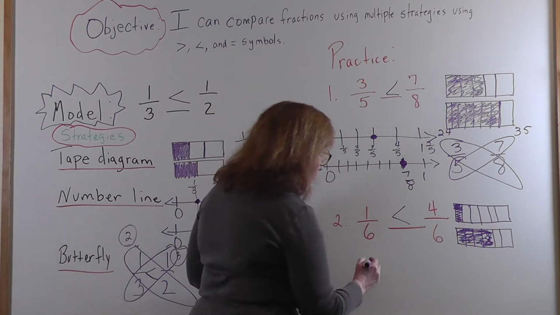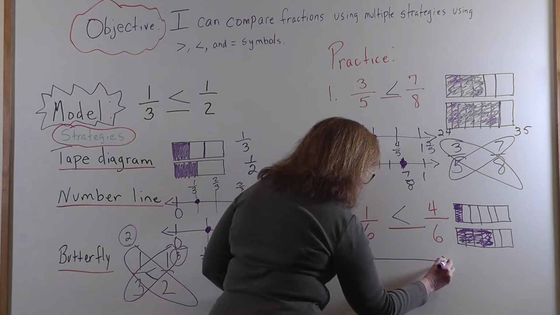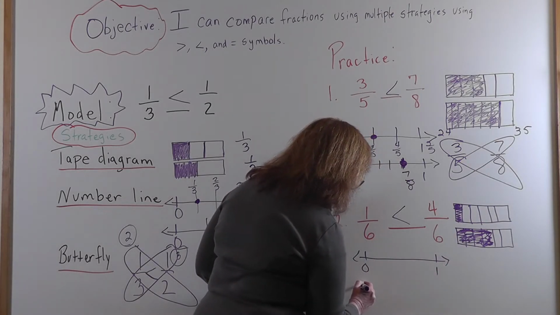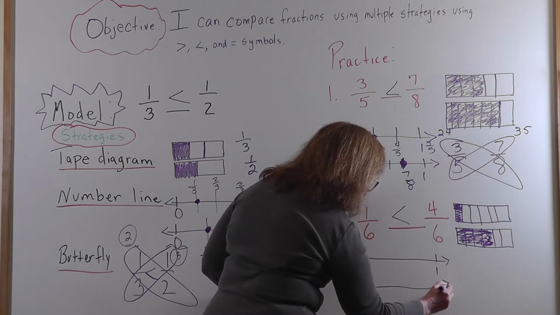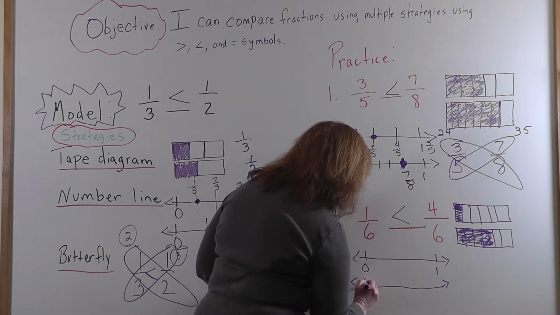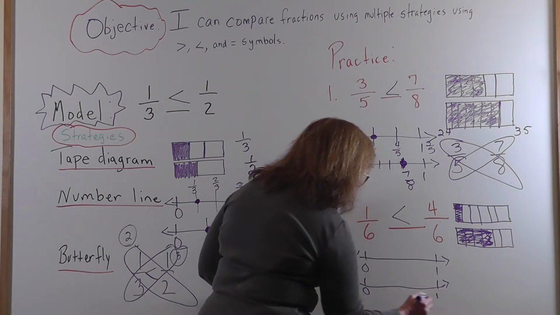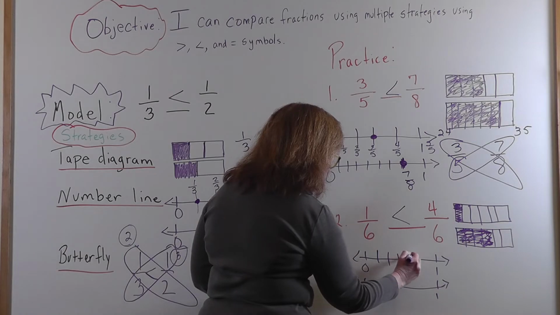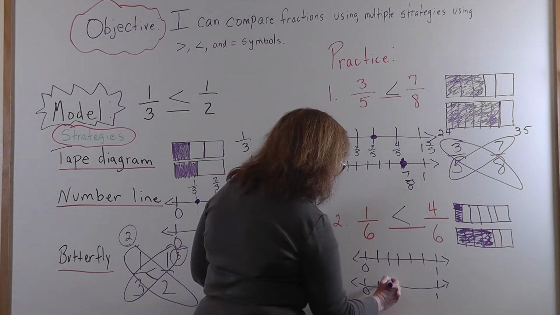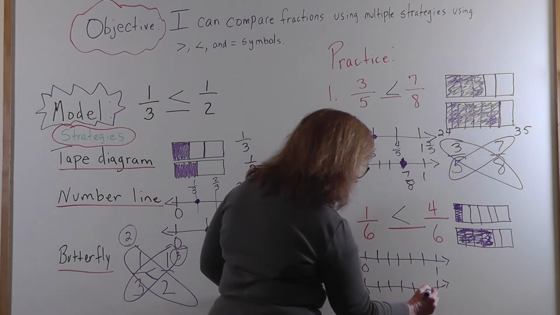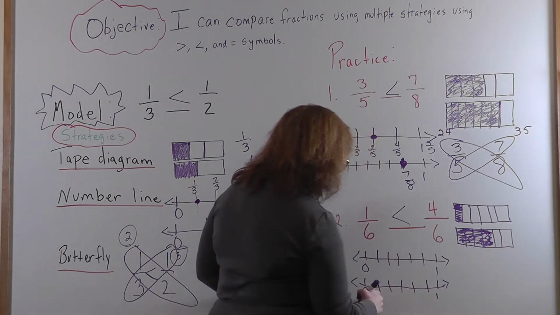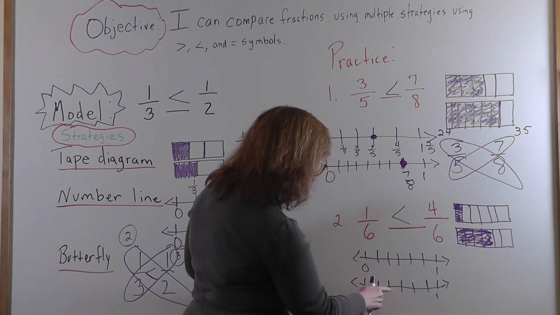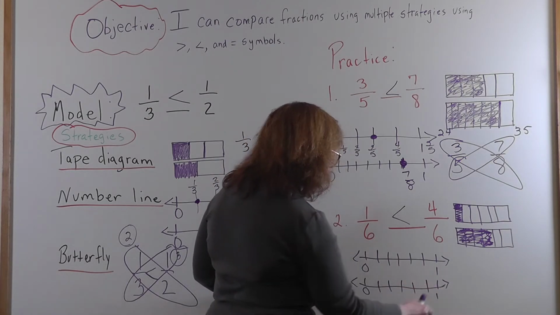Okay? And I'll do my number line, starting with 0, ending with 1. Same length. Six equal parts. Okay. 1, 2, 3, 4, 5, 6.